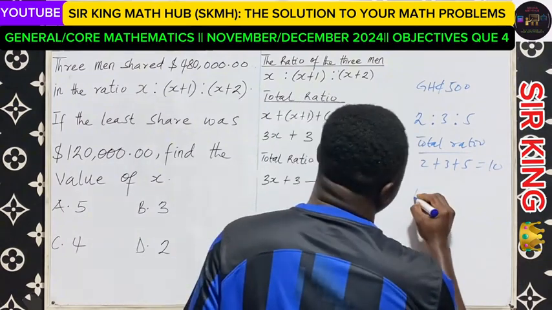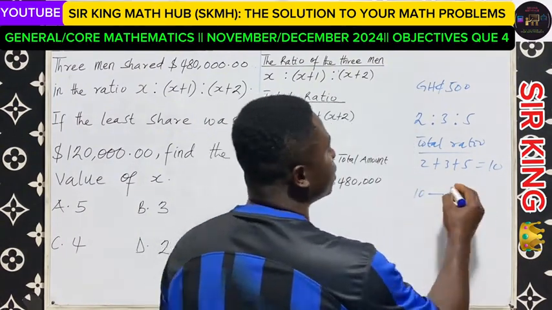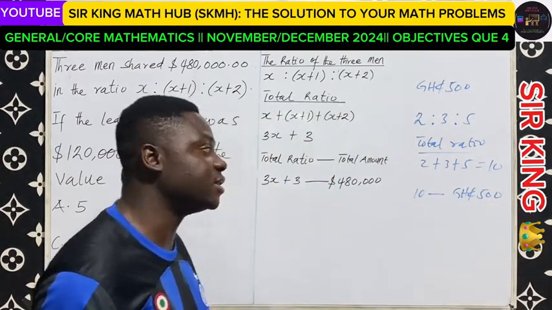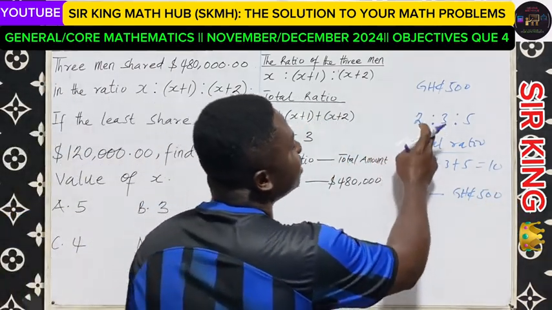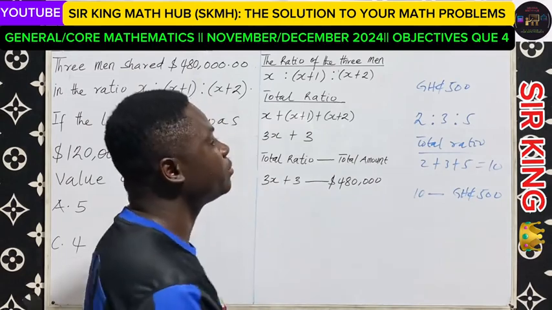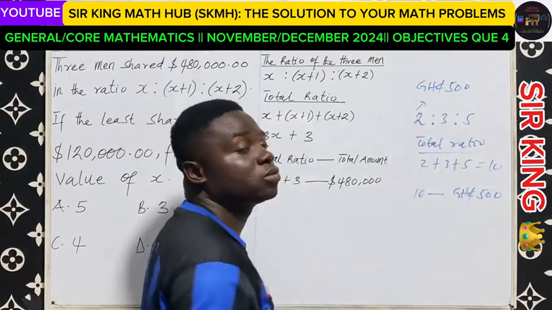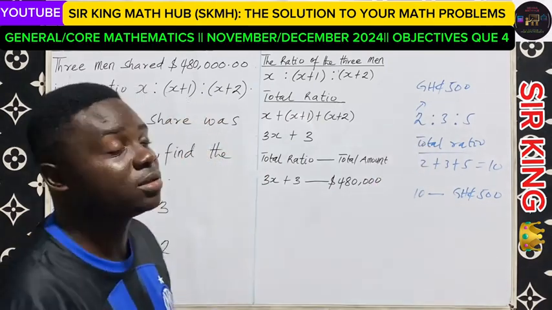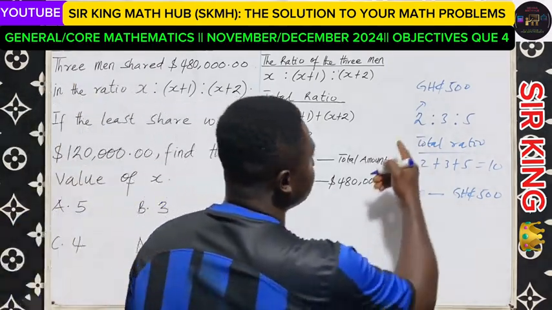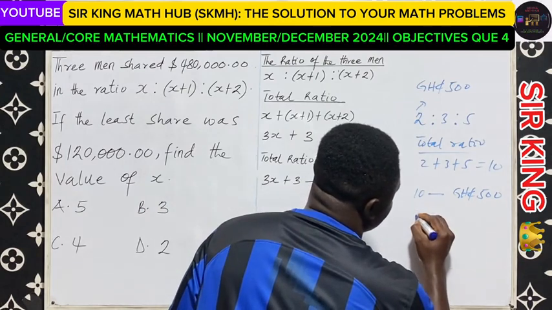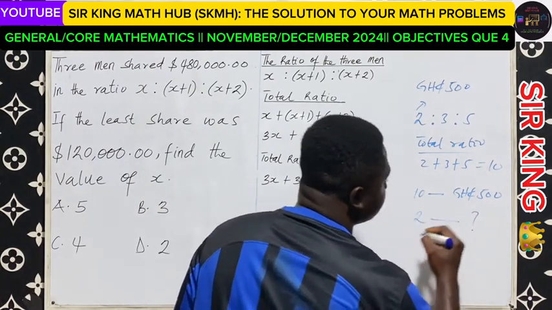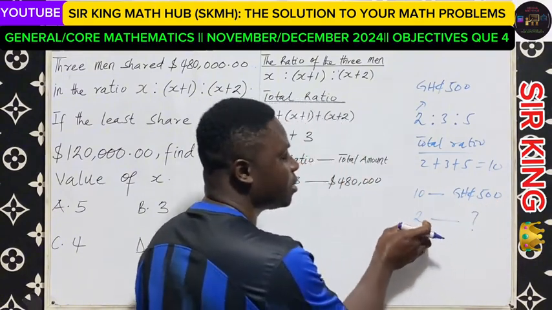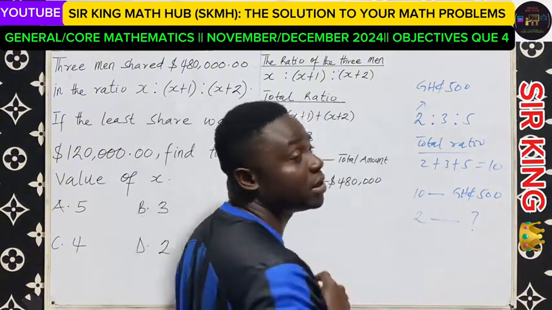Now we know that the total ratio, which is 10, must correspond to the total amount of money being shared, which is 500 cedis. Among these three ratios, what is the least ratio? The least ratio here is 2. So the least share will be from the least ratio 2. If the ratio 10 is giving us 500 cedis, then the ratio 2 must also give us a certain amount of money.